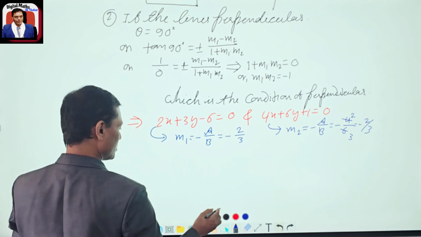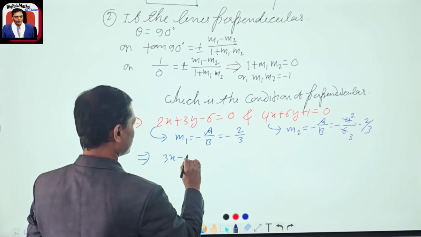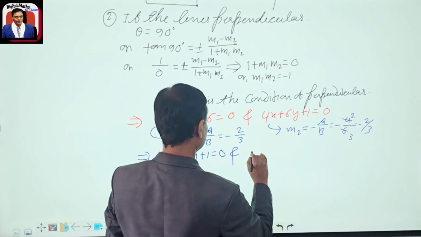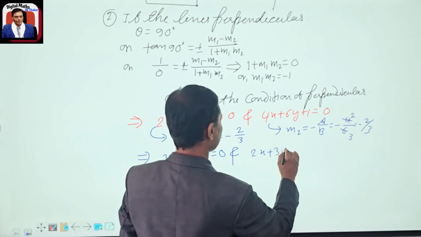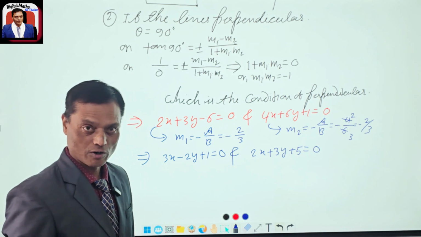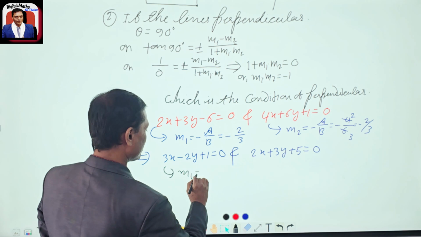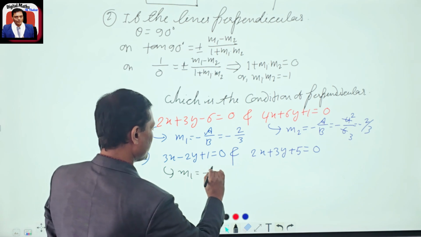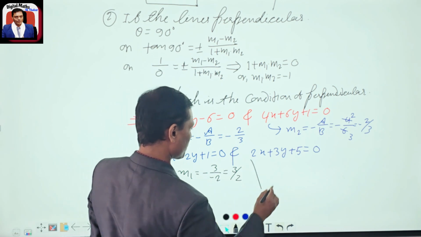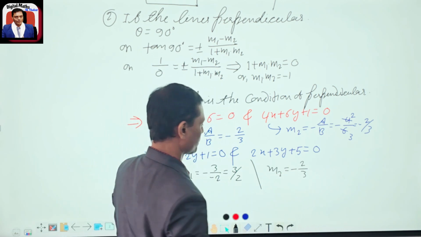We have another pair of equations: 3x minus 2y plus 1 equals 0, and 2x plus 3y plus 5 equals 0. Let's check whether the lines are parallel or perpendicular. The slope of the first line, m1 equals minus a by b, that is 3 by 2, and the slope of the second line, m2, equals minus 2 by 3.